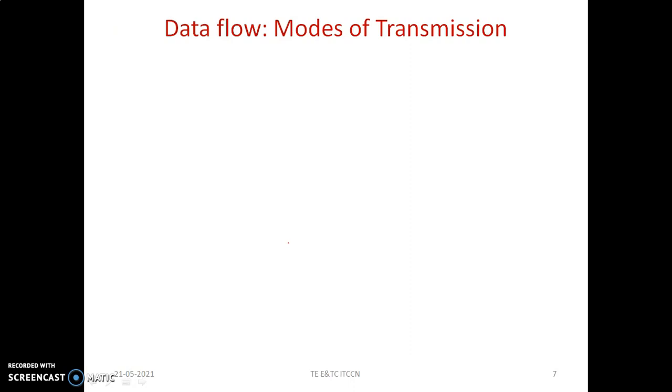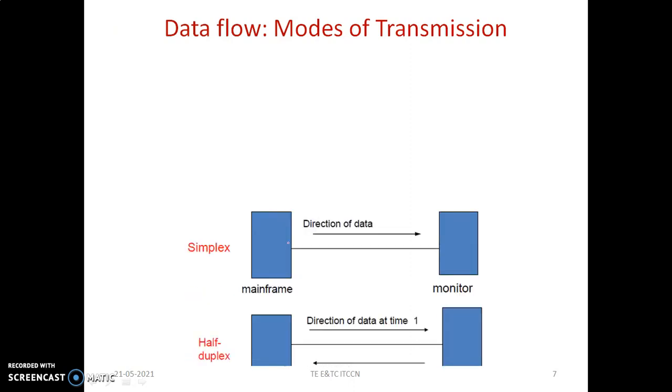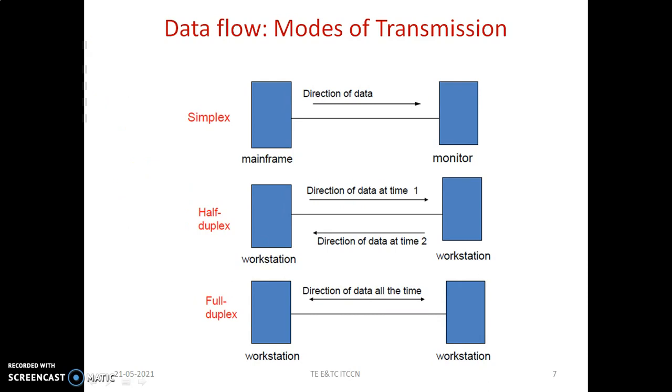Now, when the data is to be conveyed between the 2 ends, data flow can occur in different modes. This can be studied under the modes of transmission. It may be in simplex, half duplex and full duplex form. You might have come across these terms earlier when you studied the communication subjects. Simplex is the communication wherein at a time data can be transferred in one direction only, from one end to another end only.